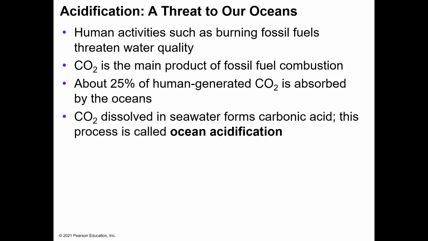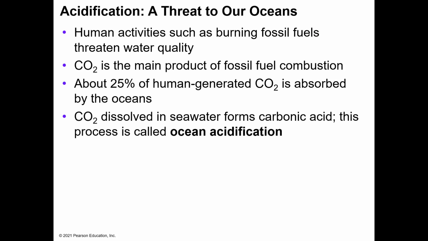The last thing we're going to be talking about is acidification. So we're talking about how changes in pH can have drastic effects on the organic life in different areas. Well, if we're talking about the ocean, we're now talking about large bodies, large habitats that could be affected by changes in pH.